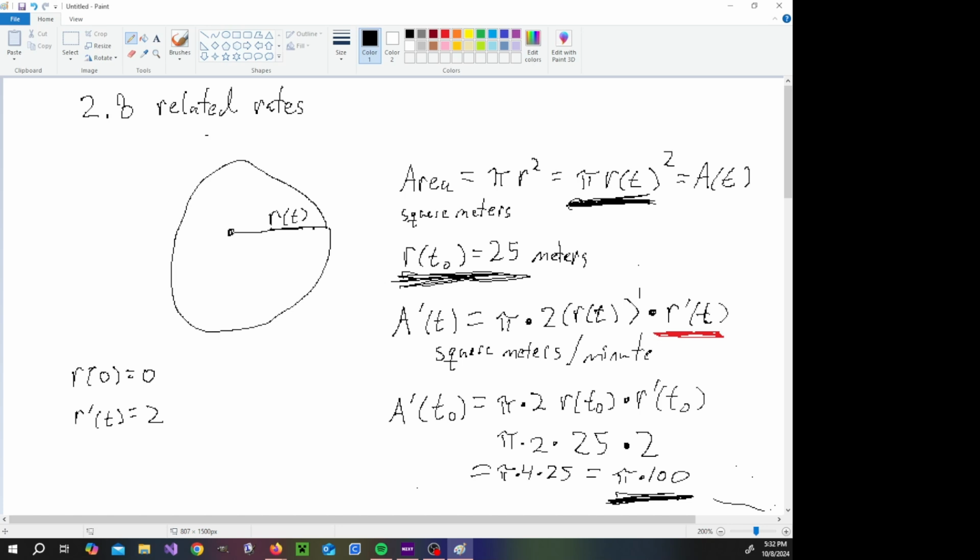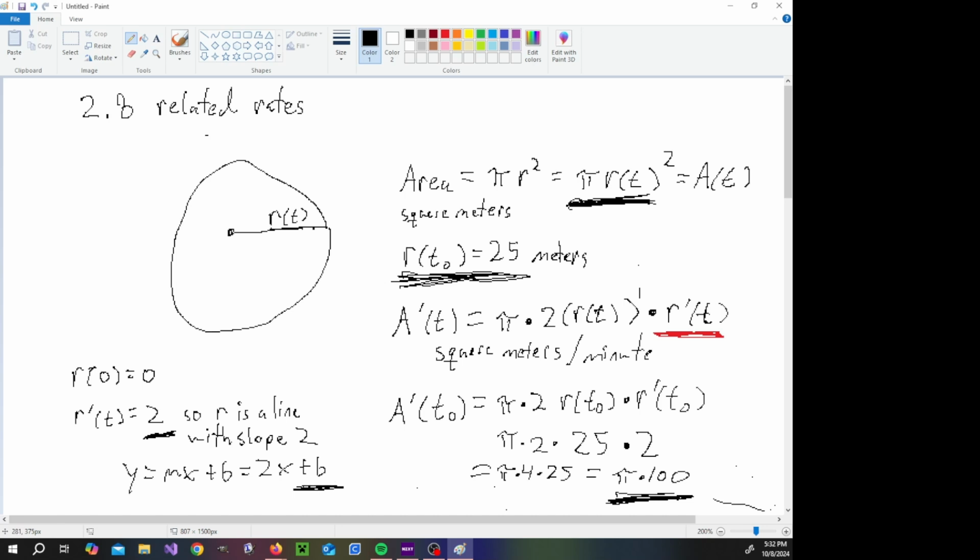Well, what kind of function has a derivative that is just a number? What kind of function has a constant slope? Well, that is a line. So because my derivative is just 2, that tells me my original function R is a line with slope 2. So if I have y equals mx plus b, then I know my m is 2. So the only thing that would be unknown is the plus b part.